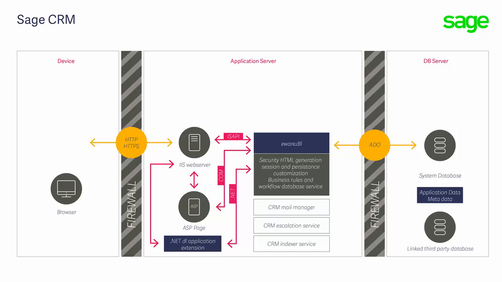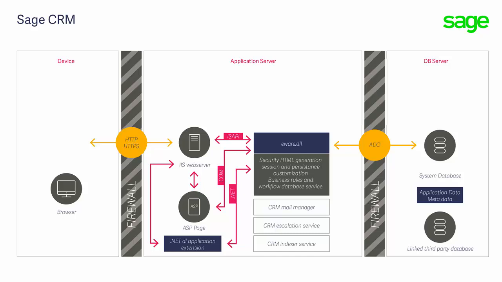Now notice what this diagram is doing. It's looking at how a browser will make a request to the IIS web server. If it's just to a standard CRM screen, it goes through directly to an endpoint within the URL or URI that includes the EWare-DLL.